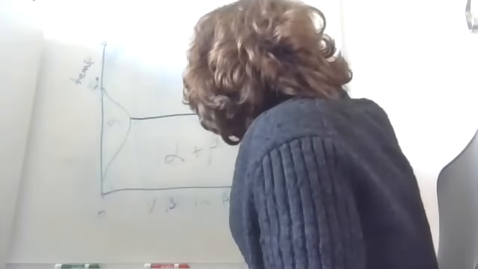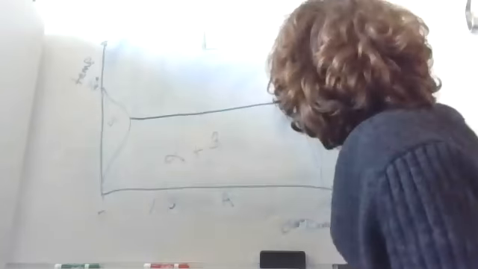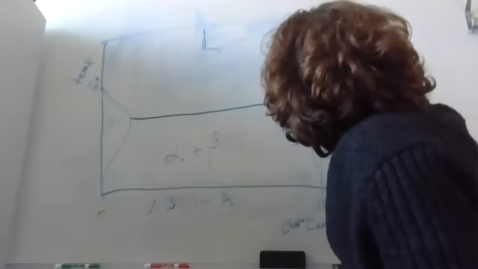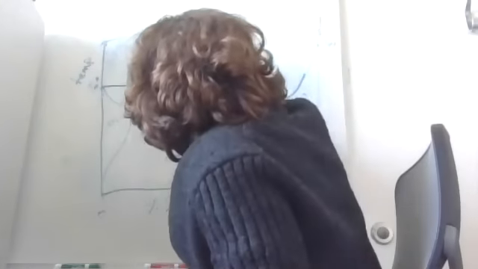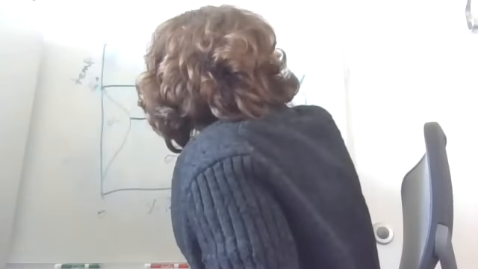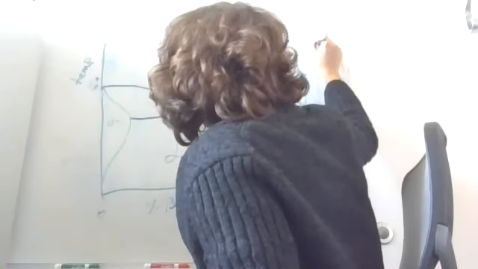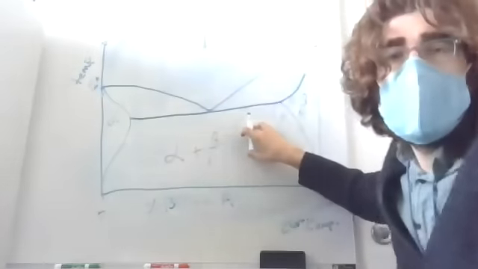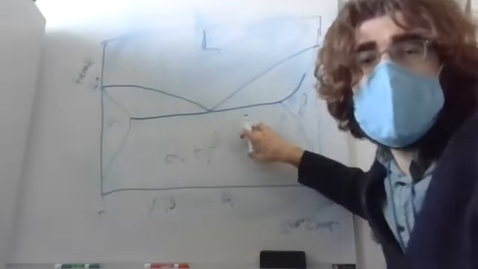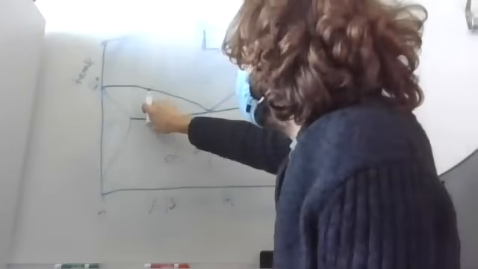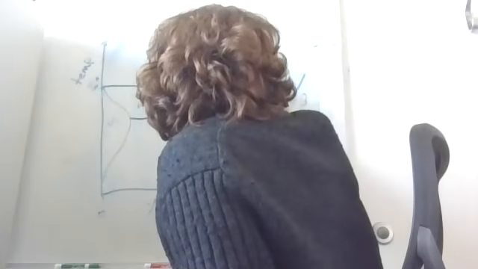So we can draw this line. And what we end up with is, in this region here, alpha plus liquid, and in this region here, liquid plus beta.